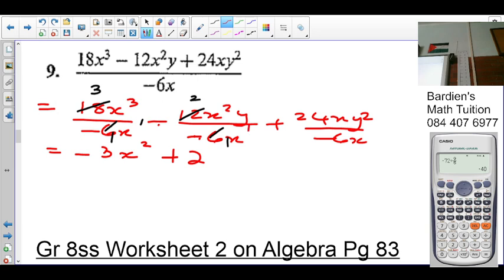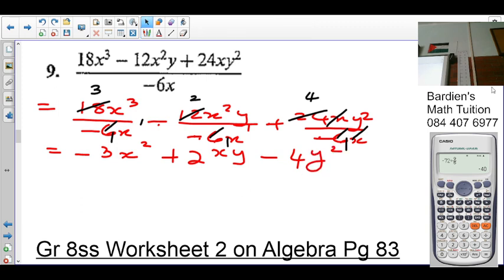X squared over x is x. What's positive divided by negative? Negative. 6 goes into 6 once, 6 goes into 24, 4 times. X's cancel. Leaves you with y squared. Okay, any confusion there?